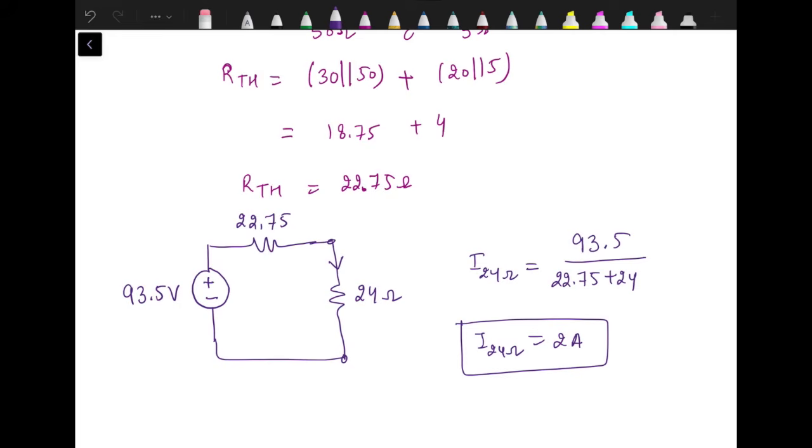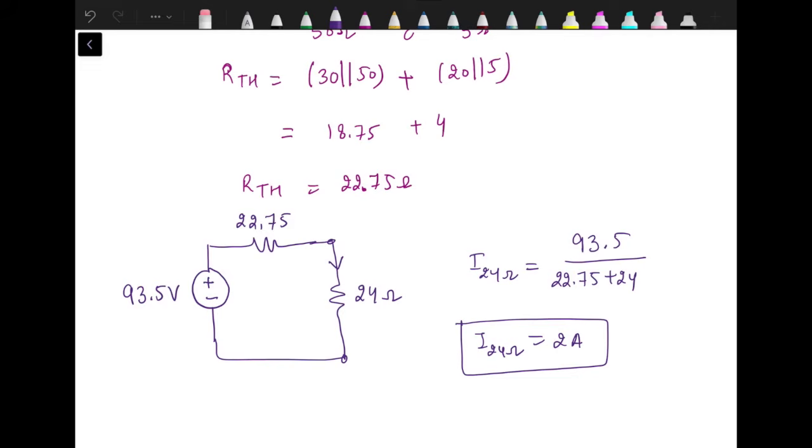So I hope these problems are helpful for you in understanding Thevenin's theorem. In all these problems we have considered the cases when only independent sources are there in the circuit.